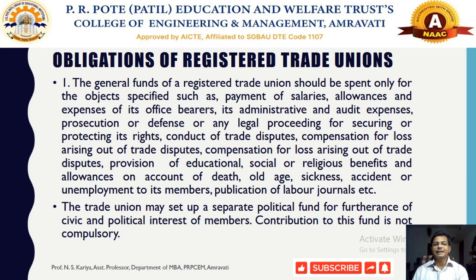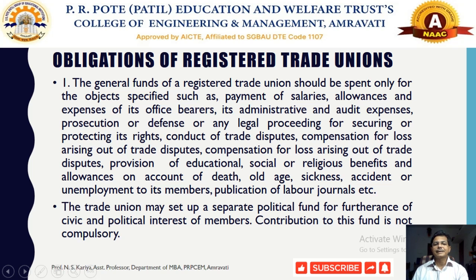In case of any prosecution or defense or any legal proceeding against that particular trade union, they need to pay the charges, including the charges of advocates, and whenever they are involved in dispute resolution processes such as conciliation, arbitration and adjudication, they need to pay the minimum charges.